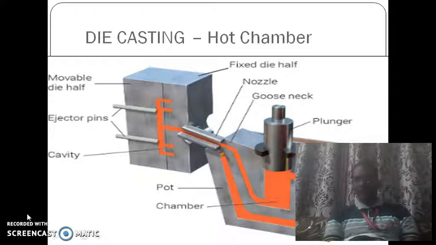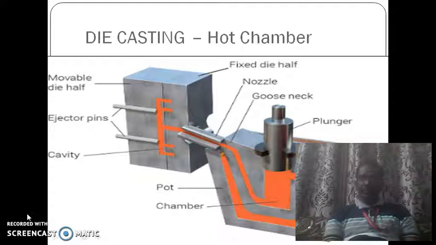When we apply force on the plunger, with the help of the pumping force the hot molten metal gets into the gooseneck tube. Through the gooseneck tube it enters the nozzle, and after the nozzle we have kept the die in assembled condition, that is the movable die half and the fixed die half. So the hot molten metal enters the die cavity.